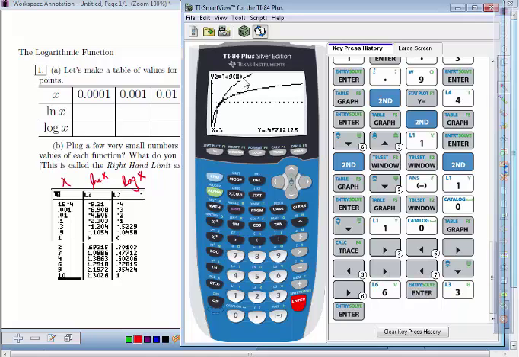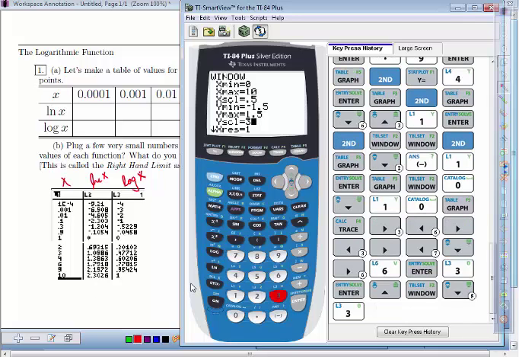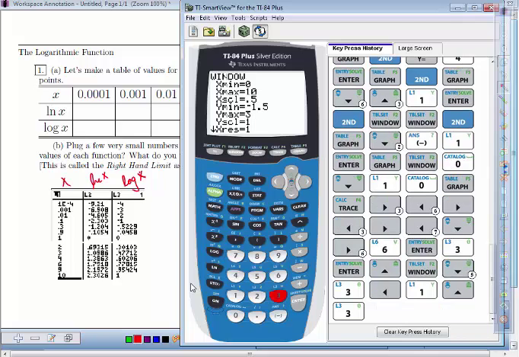So I see that my LN function is a little cut off, so you can adjust the window so that you show more if you want. So let's adjust the window again. This time let's up the y max, and at least when it goes to 10, it says here, I'm looking down at the paper, 2.3. So maybe let's just go up to 3. So I'll type 3 for, not the scale, but for the y max.